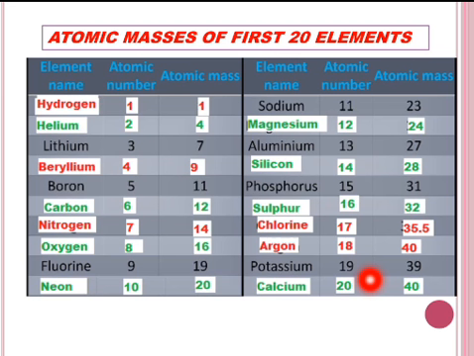These elements which have even atomic number are highlighted in green color, so you can easily identify them.